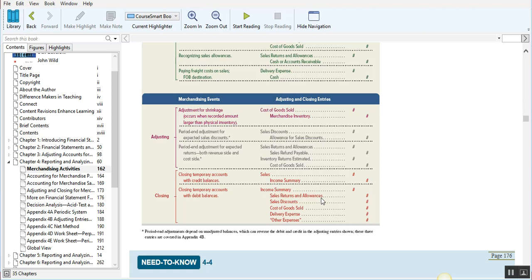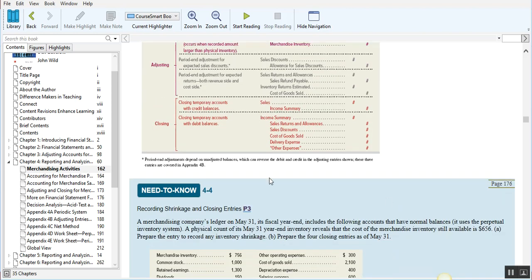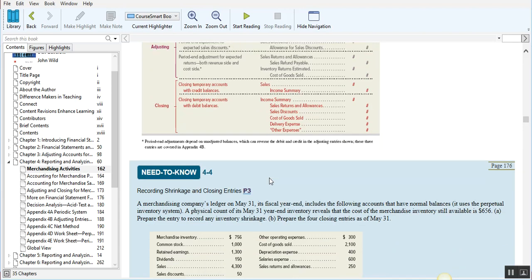Now, these are going to include all the expenses, but you're also going to include things like sales returns and allowances, sales discounts, and cost of goods sold. So those items are going to be in the adjusting or the closing for the expense items.